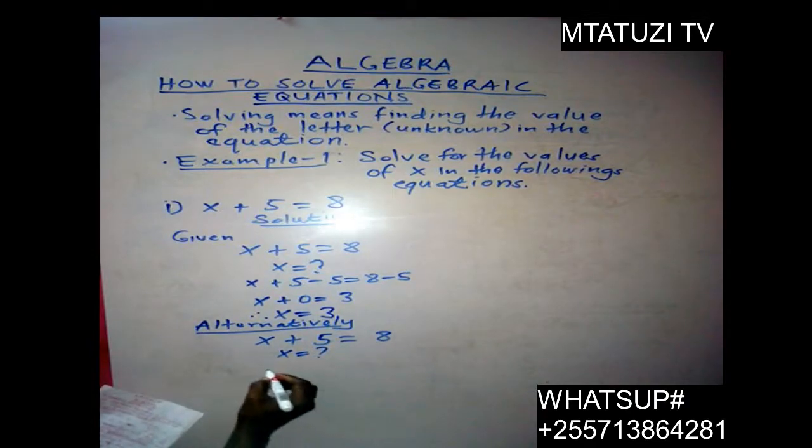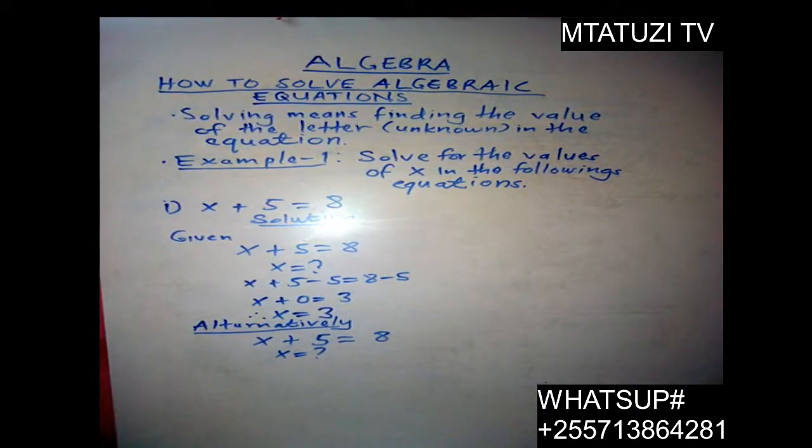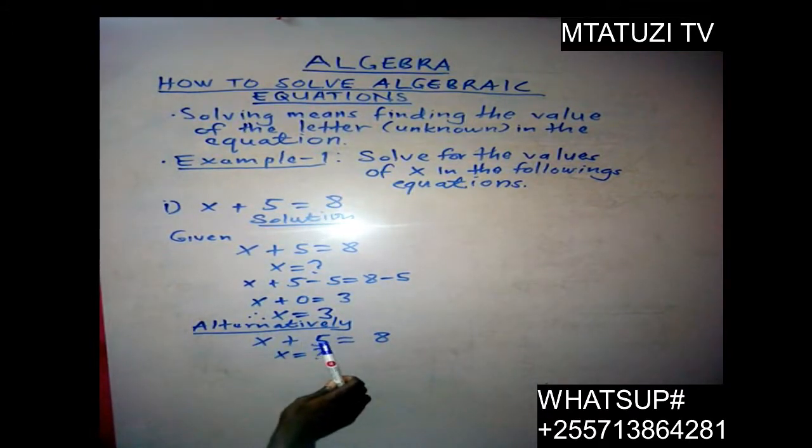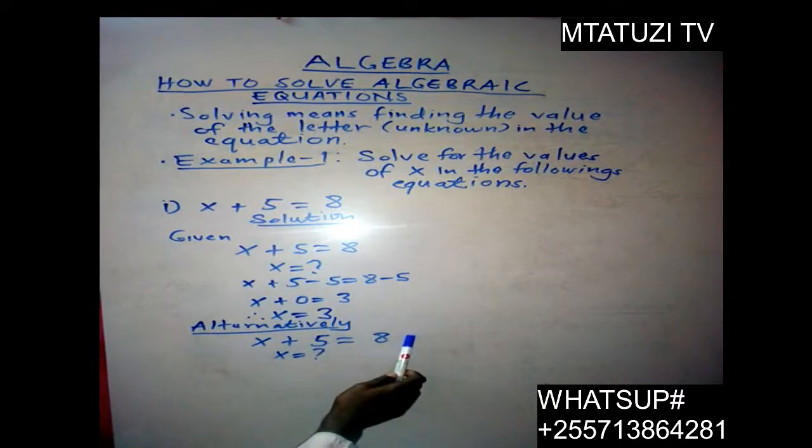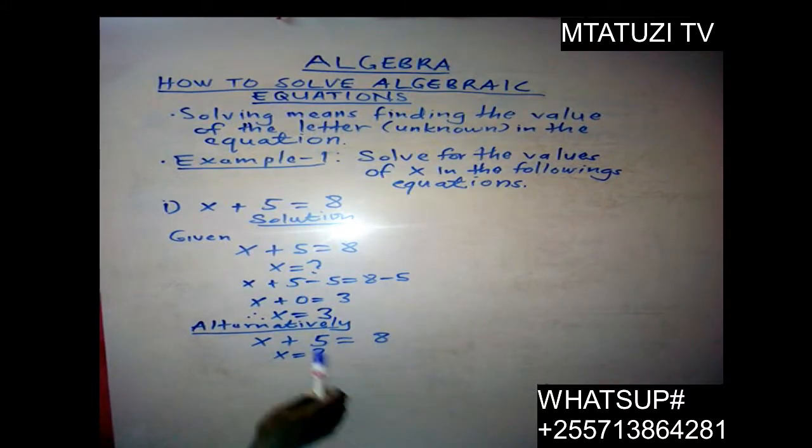So there we can do by shifting. Another method is by shifting this 5 to the side of 8. We are required to shift this from the left side to the right side. But when we shift it, the sign changes. The operation here changes.